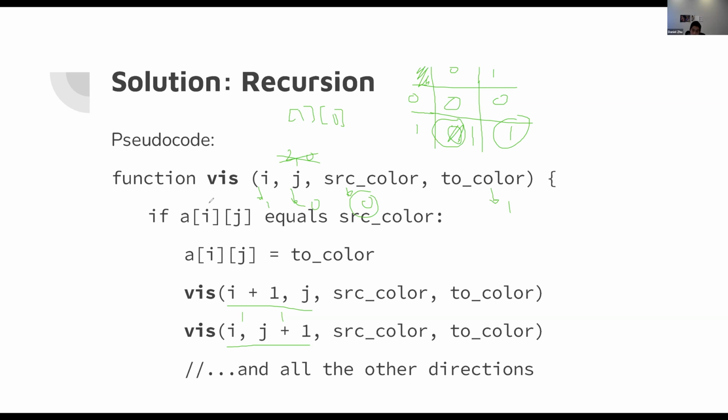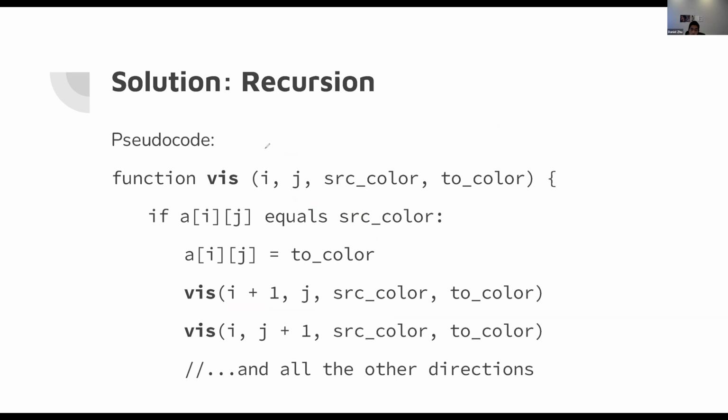But when you call this, you get 1, 1, and this value becomes 1, and the source color is 0. So you just return from the function. So now you're back to 1, 0.